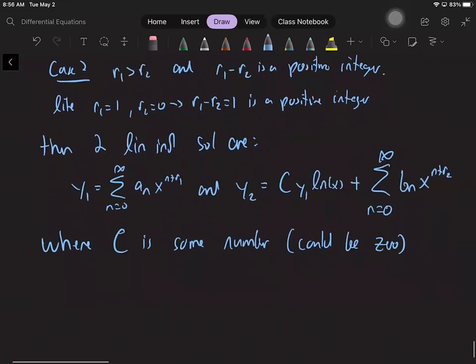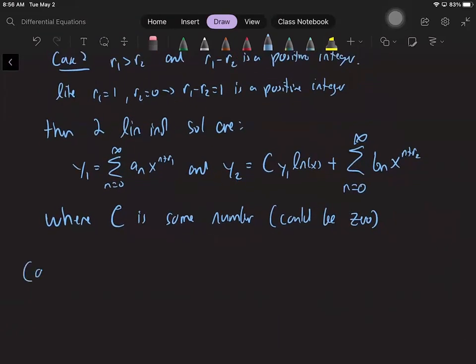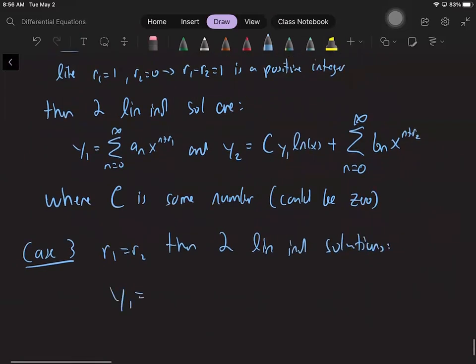Okay, so that could happen as well. It's the most annoying case because it could happen. But case 3 is nice again, because for sure something will happen, which is a little easier to deal with. That's if you get R1 equals R2. Then you get two linearly independent solutions: one of them is just the power series that you get by doing what we did.